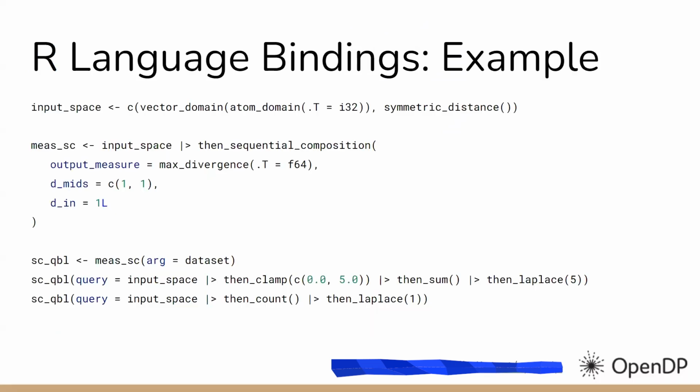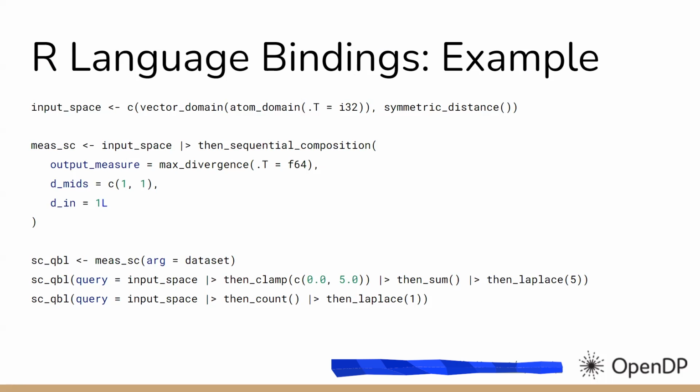The level of APIs of the R bindings is what we call the framework API, and that's what you're probably familiar with if you've worked with OpenDP software before. It's this chaining in order to build up computations, in order to build up what we call transformations or measurements from smaller transformations and measurements.